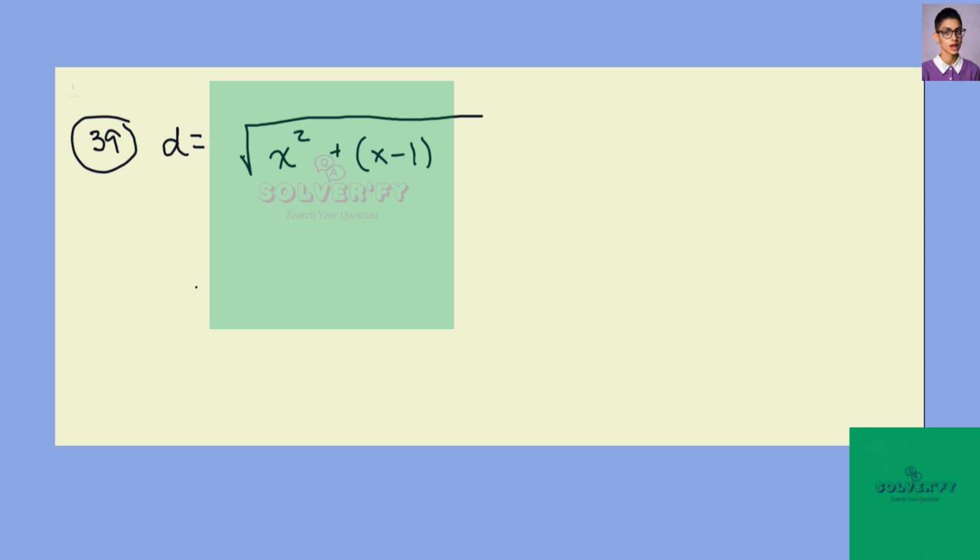So that is to the fourth power, which makes d squared equal to x squared plus x minus 1 to the fourth.